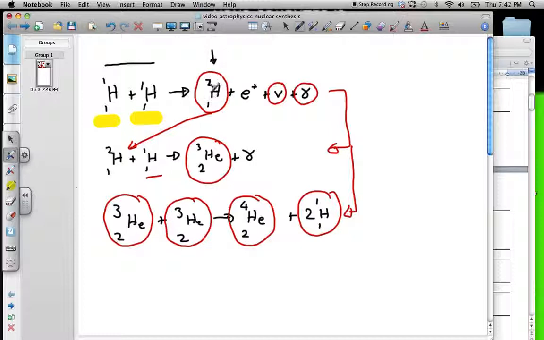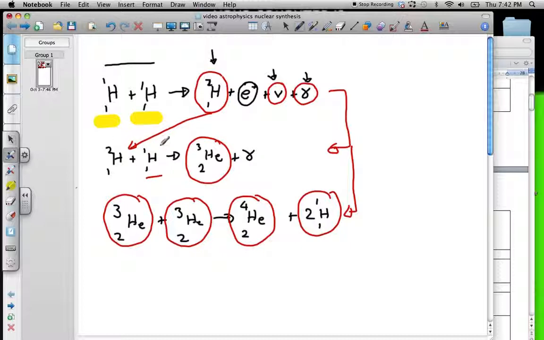This is with one proton and one neutron, and so the charge from that extra proton is given off as a positron, and you get a neutrino being given off also, and you get a gamma radiation. So that's why we get this flood of neutrinos, which are big in the news at the moment, coming from the sun.